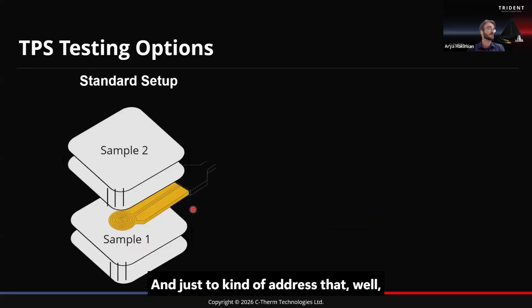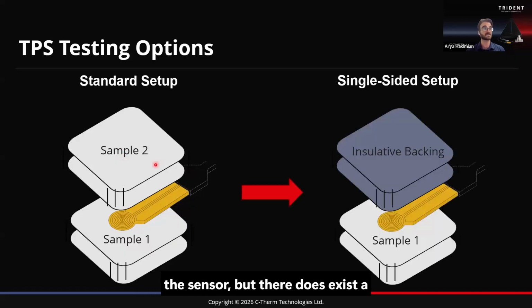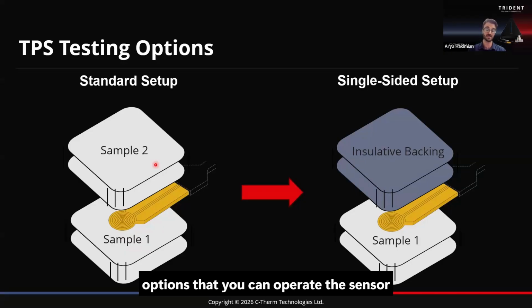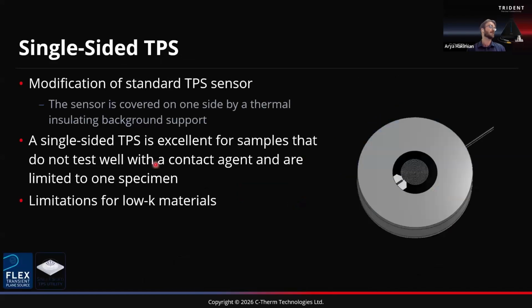Just to address that, when you look at TPS, yes, your standard configuration is double-sided, where you have your two samples on either side of the sensor, but there does exist a single-sided configuration for the TPS method. So when you're limited to one sample, there are additional configurations you can operate the sensor with to accommodate limited sample availability.